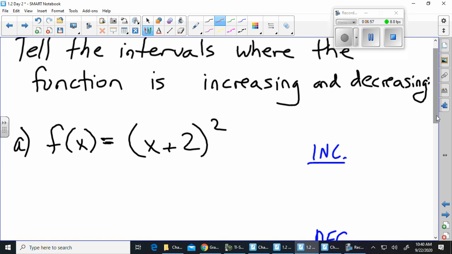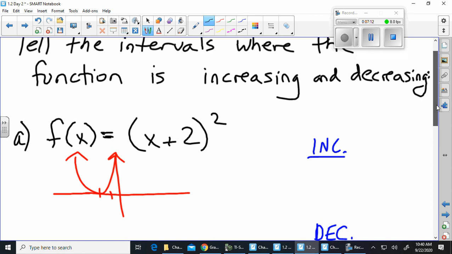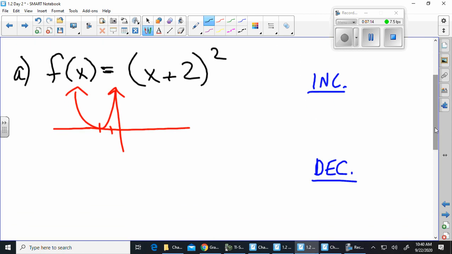So you put in x plus 2 squared. I know what this thing looks like. So I get this picture. Okay. I do need to know the maxes and the mins, which really is where a lot of this comes together at the end. But you would want to find this point, negative 2, 0. So now you think, go left to right.